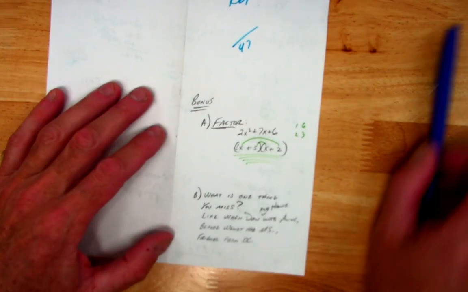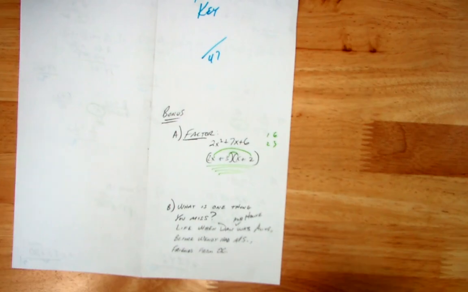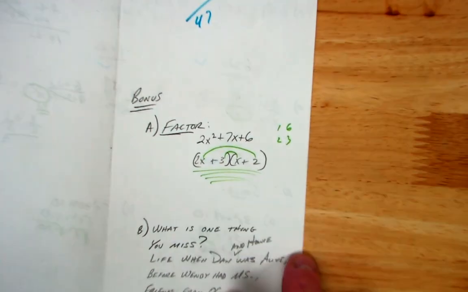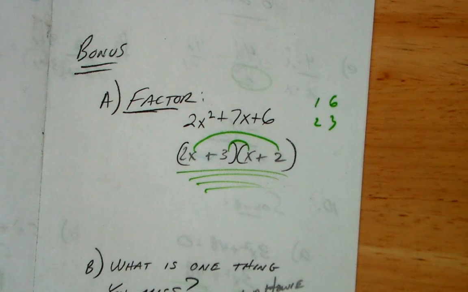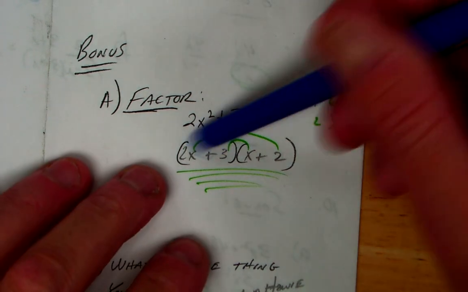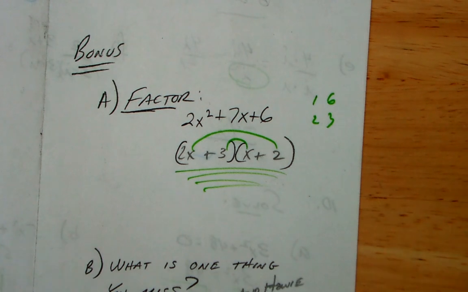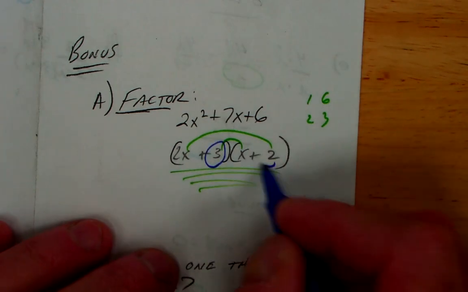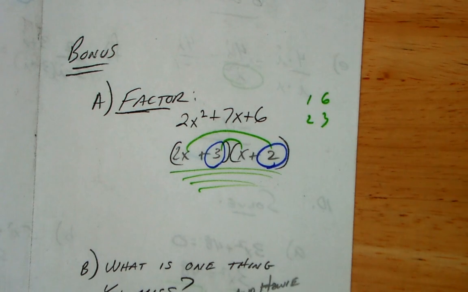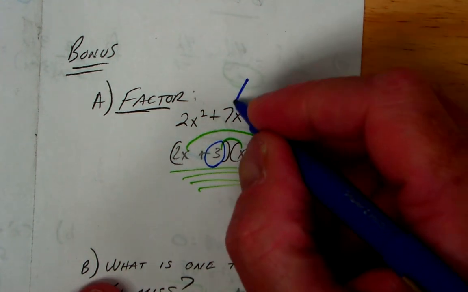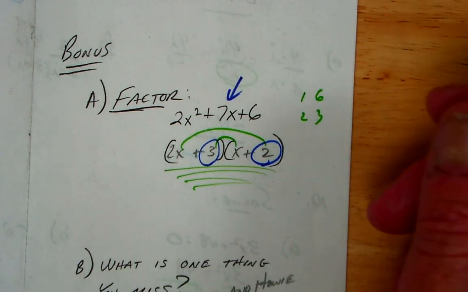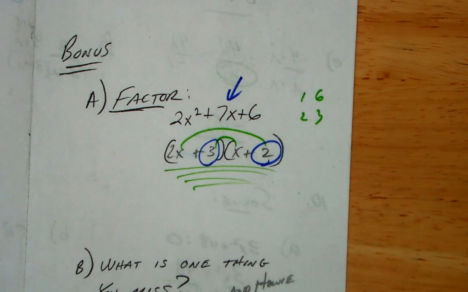Okay, on A, factoring. Some people got that, which means your factoring's already getting better. Hopefully it'll continue to get better and better. But this is a great example of where eventually we're not going to be looking for factors of 6 that add up to 7. We're going to be looking for factors of 6 that when I multiply one of them, I get 7.